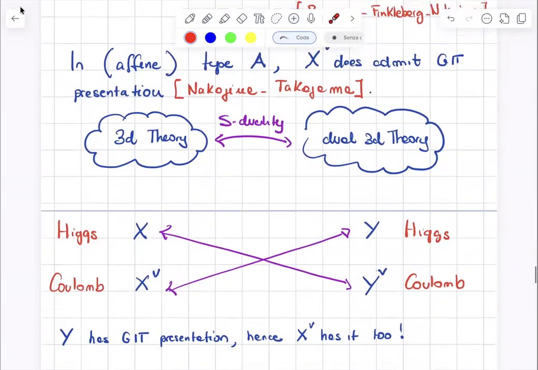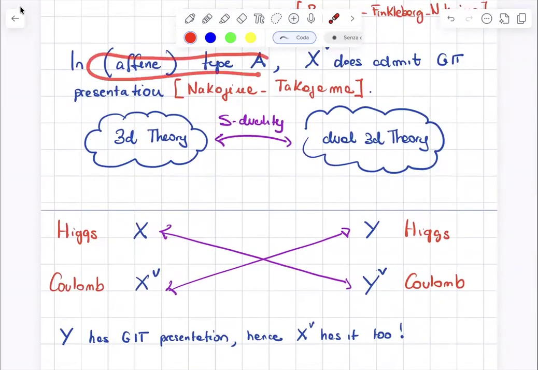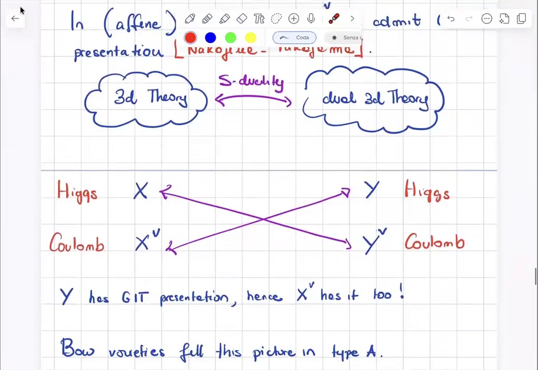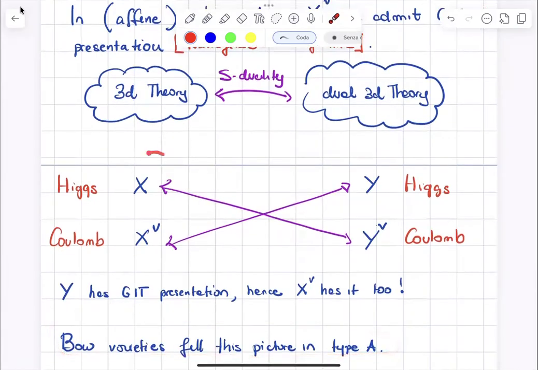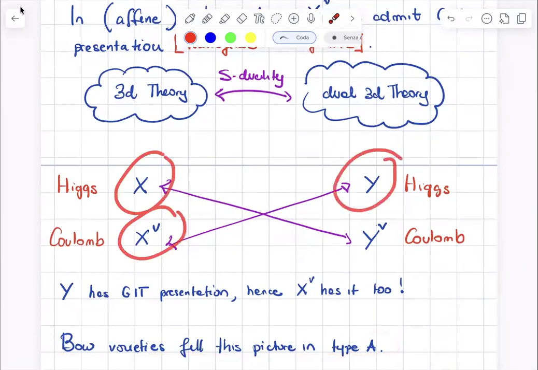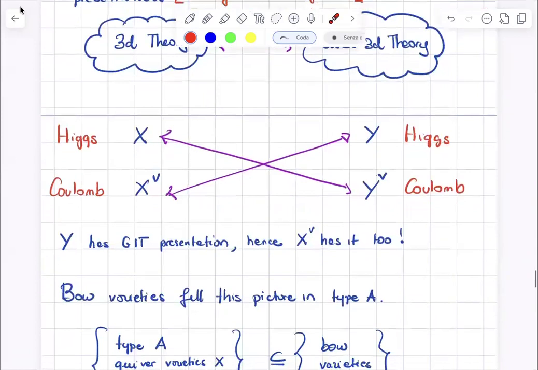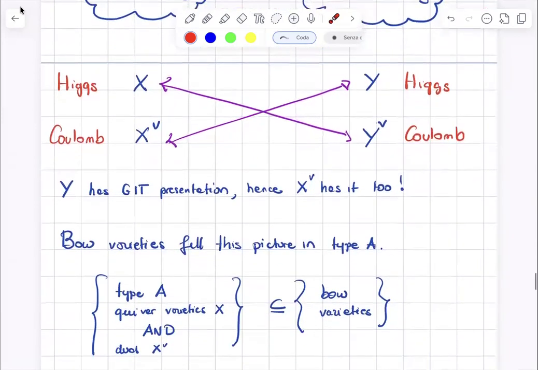But the upshot is that, as I was saying, in type A we do have all the tools, all the presentations we need to formulate the problem. The varieties we get are known as Bow varieties. They are those filling this picture over here. So in type A, all these spaces can be realized as Bow varieties, and in particular we have all the data and structure required to define mirror symmetry.